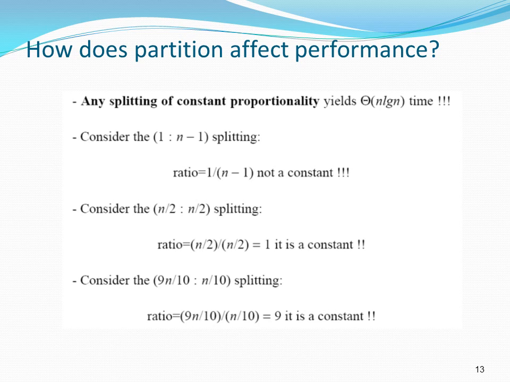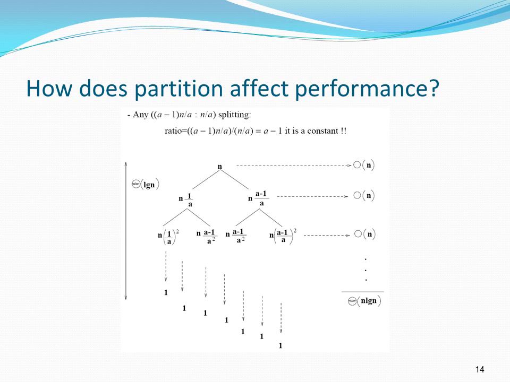So consider n by 2 splitting: n by 2 splitting is a constant. Consider 9n by 10 and n by 10 splitting: here 9 by 10 and 1 by 10 is a constant. This shows how the partition affects the performance.